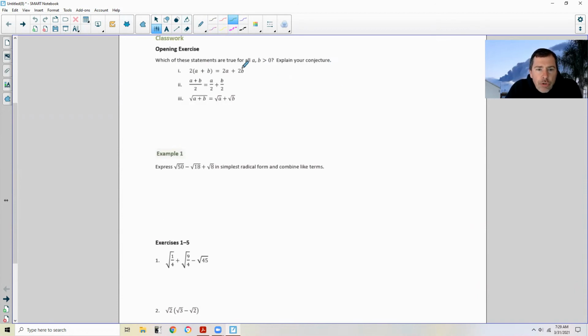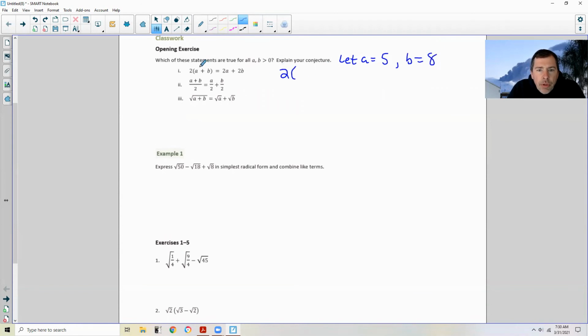Well, this is the distributive property. So no matter what number we choose, for example, I will choose 2, and let's let A equal 5 and B equal 8, just to pick a couple numbers.